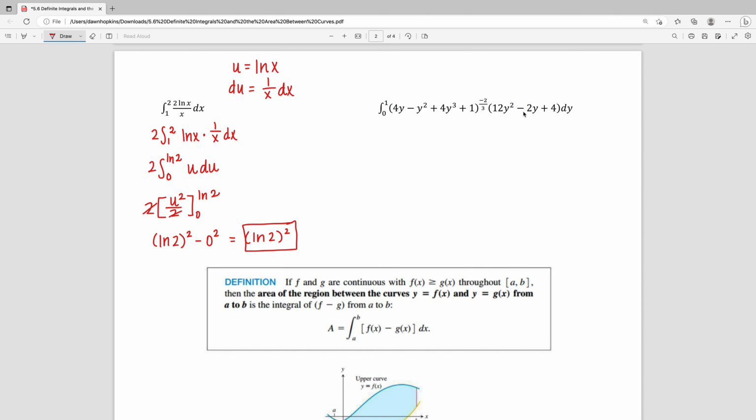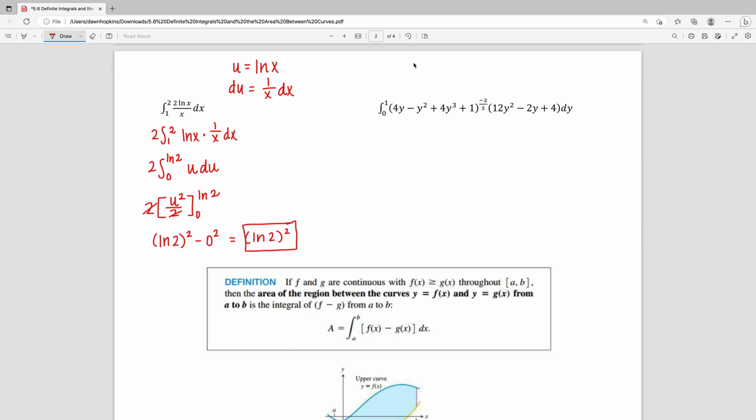And then the last one, I've got the integral from 0 to 1 of 4y minus y squared plus 4y cubed plus 1, all of that raised to the negative 2/3 power, times 12y squared minus 2y plus 4 dy.